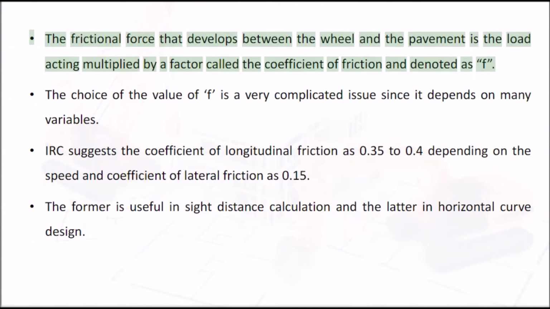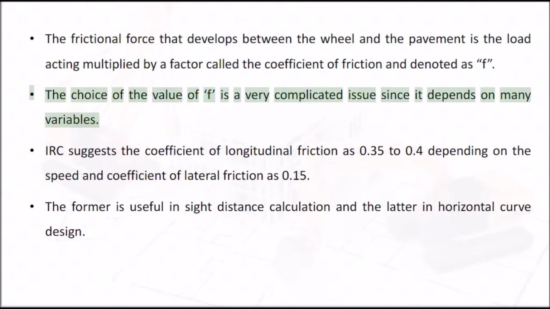The frictional force that develops between the wheel and the pavement is the load acting multiplied by a factor called the coefficient of friction, denoted as f. The choice of the value of f is a very complicated issue since it depends on many variables.